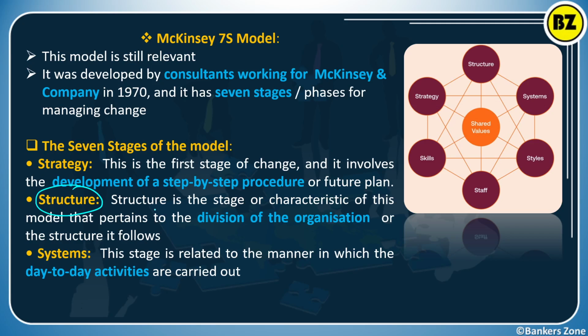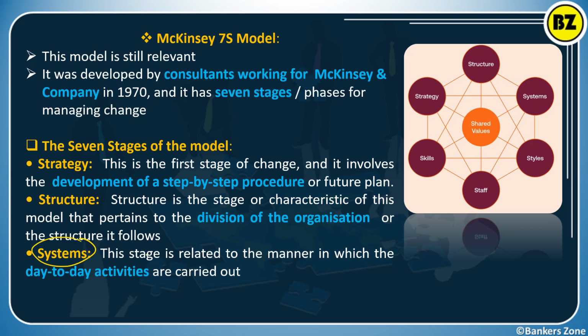Next is structure. Structure is the characteristic of this model that pertains to the division of the organization, or the structure it follows, right? So first you have to prepare the strategy, then structure means what is the current structure of the organization, you have to divide it, right?